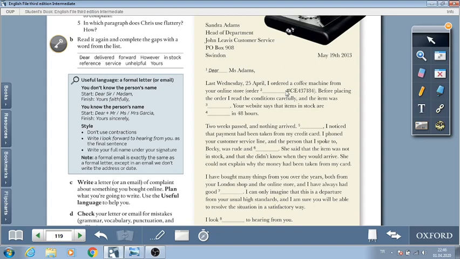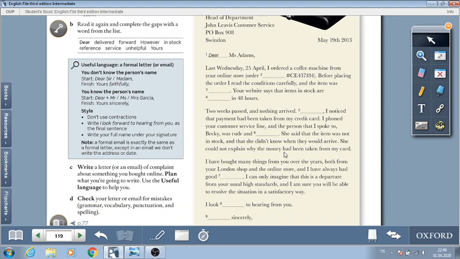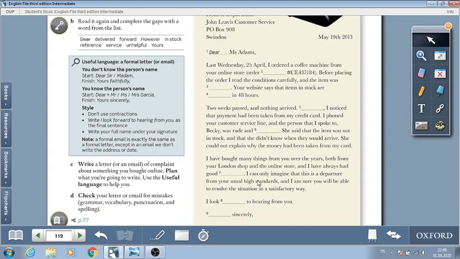Okay, you express an insincere praise. Now, in which paragraph does Chris use flattery in this letter? Of course, in the last paragraph, you will see. Because Chris says, I have bought many things from you over the years, both from your London shop and the online store. Okay, so Chris uses flattery in the last paragraph.